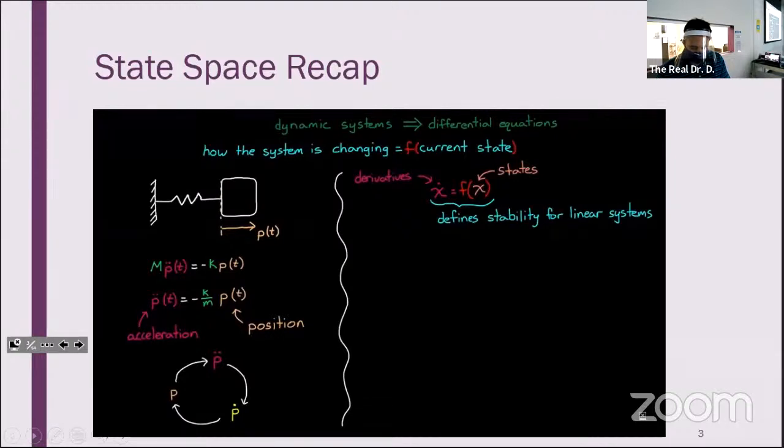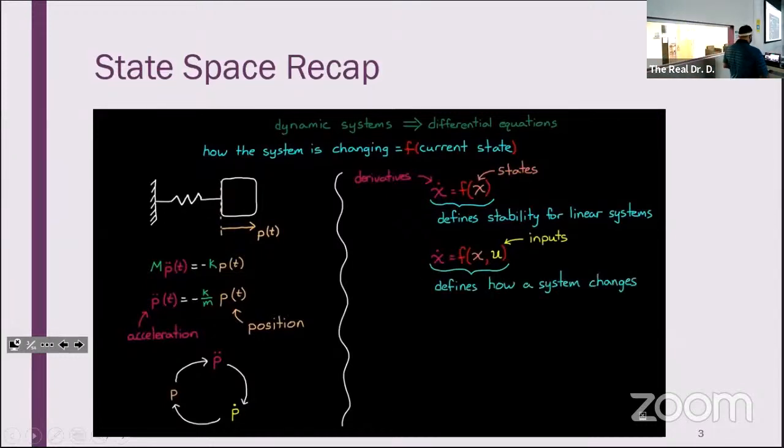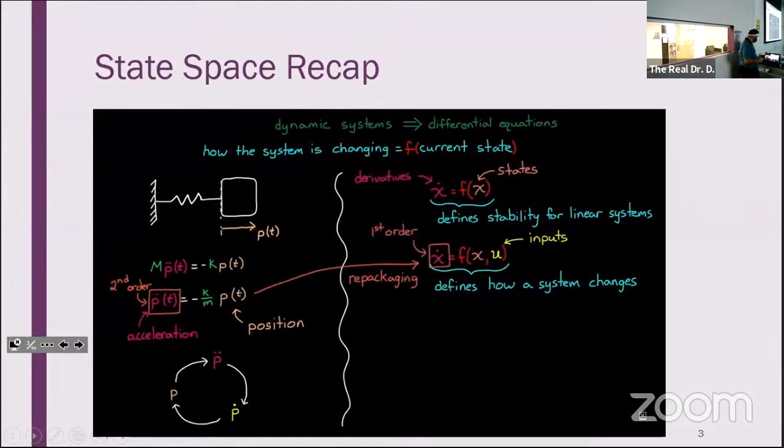Stability is an inherent property of a system simply from the way that the states and their derivatives are connected to each other. The way the system moves, however, can also be influenced by external energy being added or removed over time. So the derivatives of a dynamic system are a function of both the current state as well as any external inputs. And state space representation is simply a repackaging of the high-order differential equations into a set of first-order differential equations that focus on this relationship.